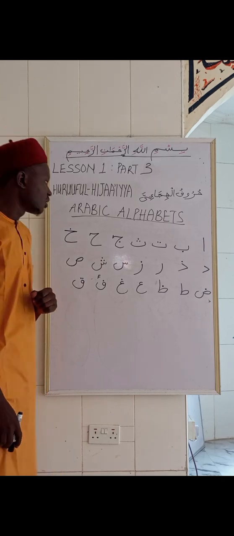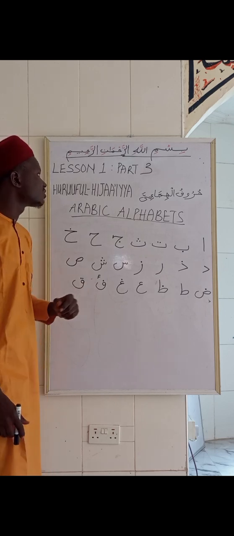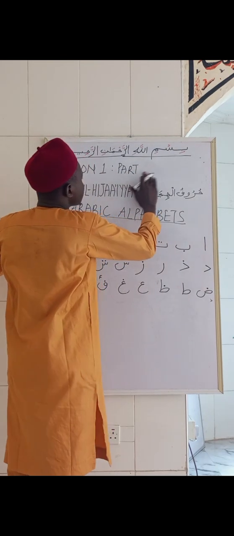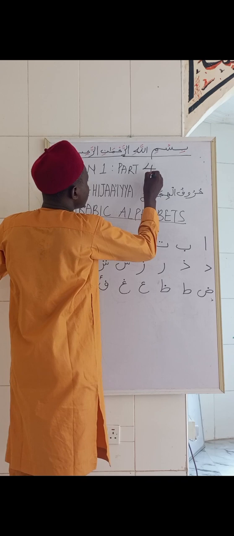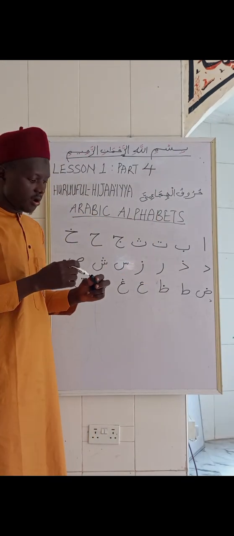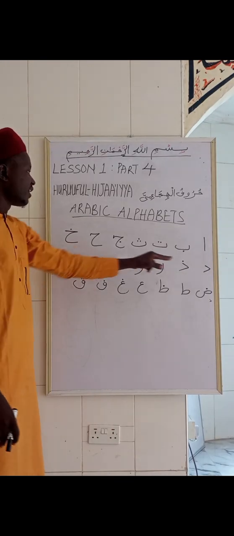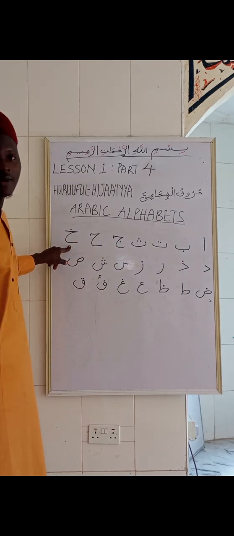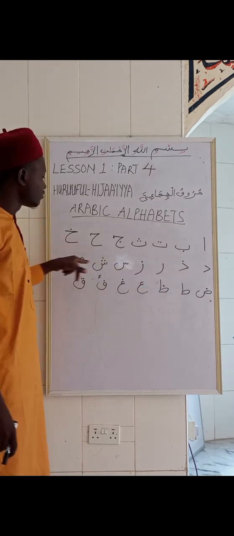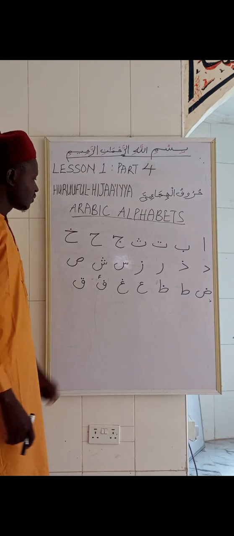So quickly, the last lesson we had was part 3, so today is going to be part 4 of our journey into the Arabic alphabet. We learned the first 7 letters in our first lesson, the second 7, and the third 7 in part 3 of lesson 1.